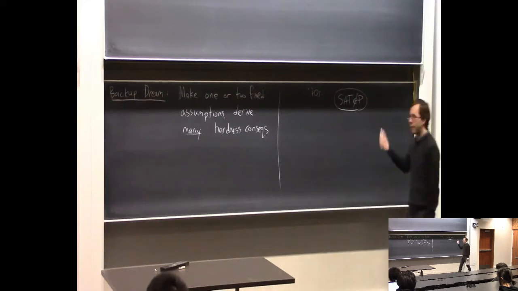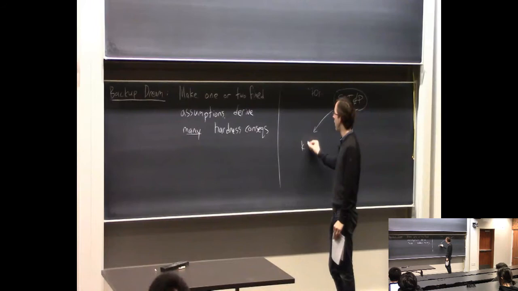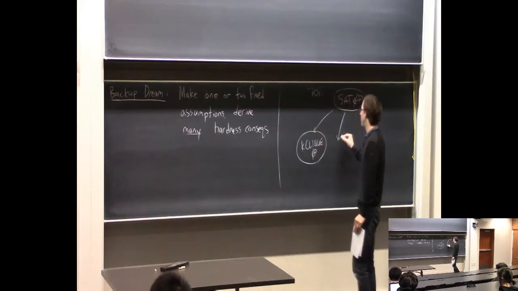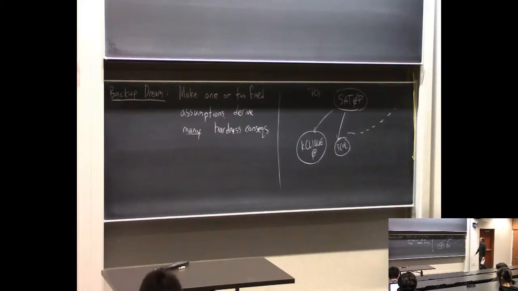And then there's the whole theory of NP-completeness, where you can show now like thousands and thousands of problems are also not in P. So K-clique and like, whatever, 3-colorability. And OK, there's literally thousands of problems that you can conclude are not in P just based on one assumption. OK, so that's pretty satisfactory.